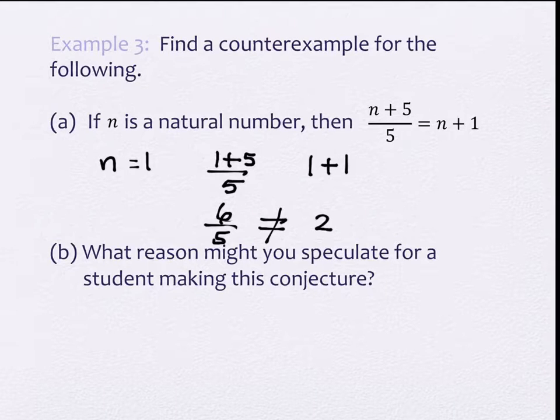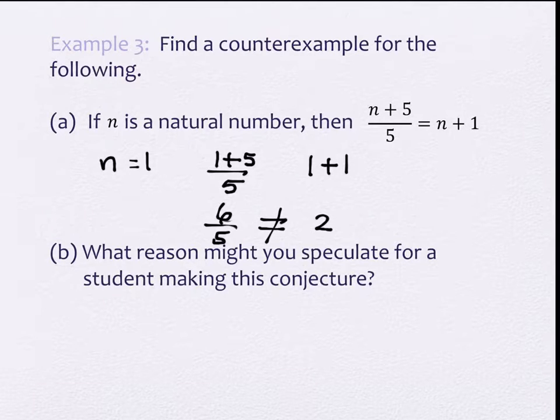Okay? So sometimes counterexamples are very easy to find. Sometimes they're not. Sometimes you're looking for the trick that makes this fail. And sometimes almost every number will make things fail. It's only specific cases where it works.